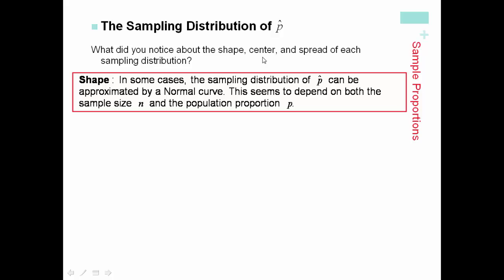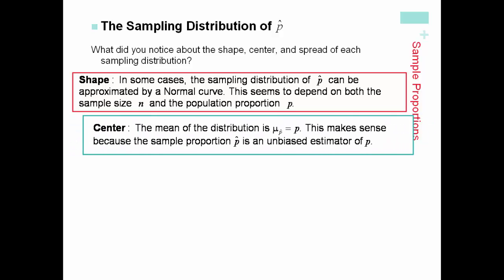Here's what you should notice about the shape, center, and spread of a sampling distribution. Shape. In some cases, the sampling distribution of p hat can approximately be looked at by a normal curve. This seems to be dependent upon the sample size n and the population proportion p. Center. The mean of the distribution, mu of p hat, is equal to p.